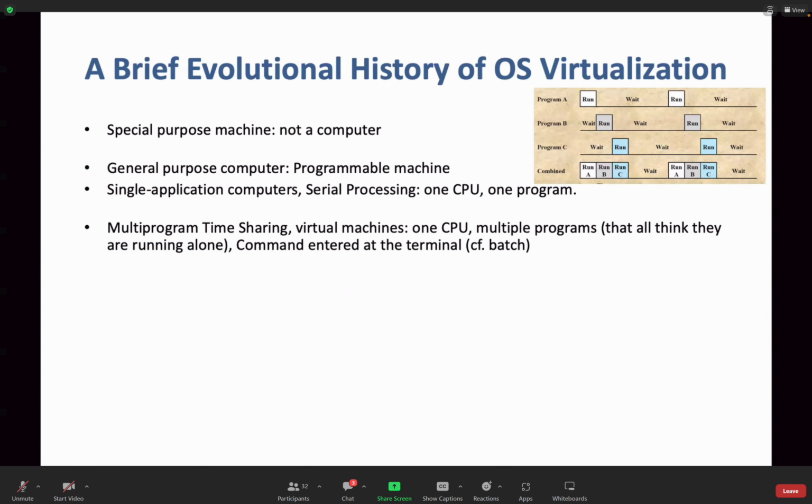But over time, the OS evolved to allow multi-program time sharing. So for example, in this picture, there are three programs running. The users can feel, oh, there are three programs running at the same time on a single CPU. In fact, at the bottom, what it was doing is time sharing. Each program will have a certain share of the time slot to run, and there can be context switching happening.